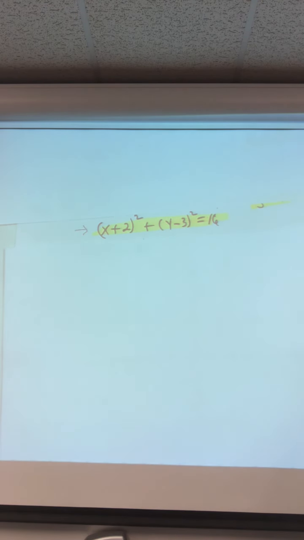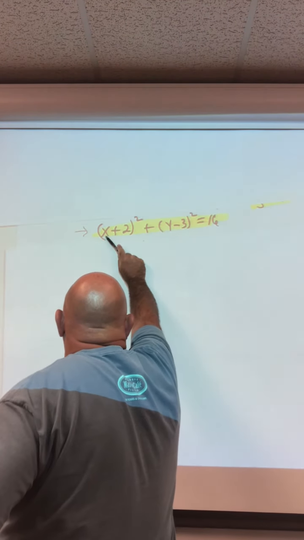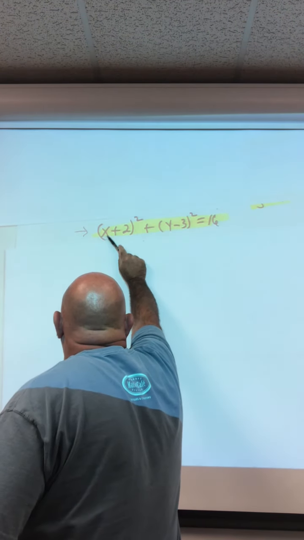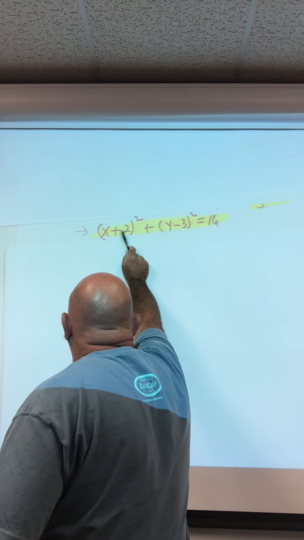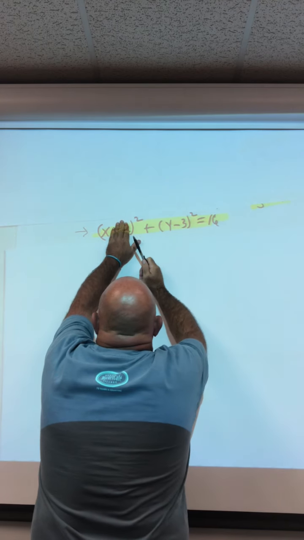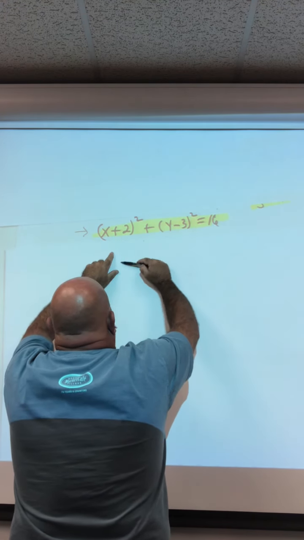All right, how do I graph this? Well, first you have to recognize that it's a circle. I just talked about that. Now let's get the center and radius, the h and the k. What's behind the x here? x plus 2. So h would be -2. Remember, if there's no number here, h would be 0. So it's -2, comma.